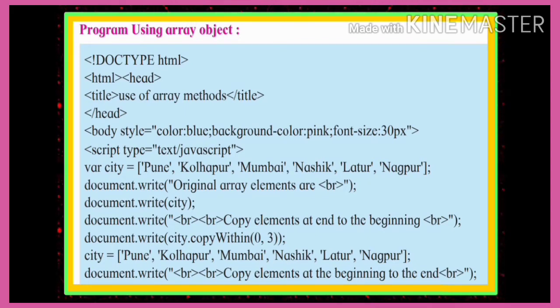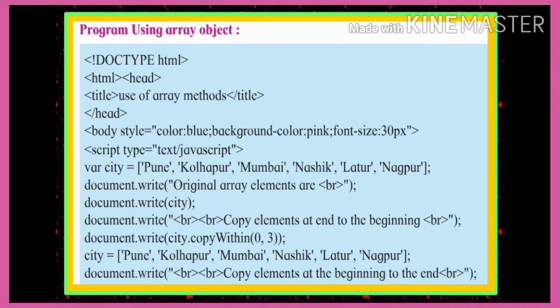So in the next line write document.write copy elements at end to the beginning. In the next line write document.write ct.copyWithin 0, 3. So here the arguments are 0 and 3. What is the meaning of the copyWithin function?